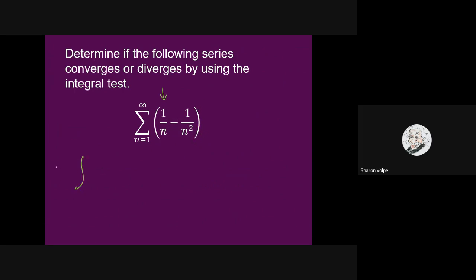So I'm going to take the limit as b goes to infinity from 1 to b of 1 over n minus 1 over n squared dn. If you're more comfortable using x's, go ahead.